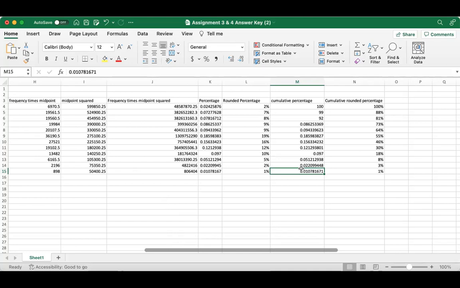But for some reason, every time I put in the decimals, and I press enter or return, it changes it to the percentage. Oh, so just highlight your whole column. Click on the little number button right here. And then click number.